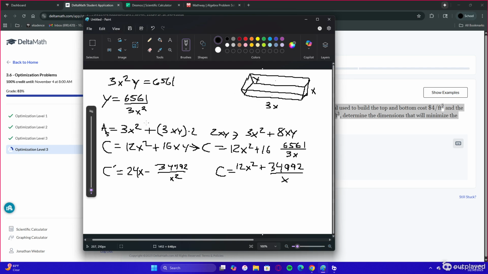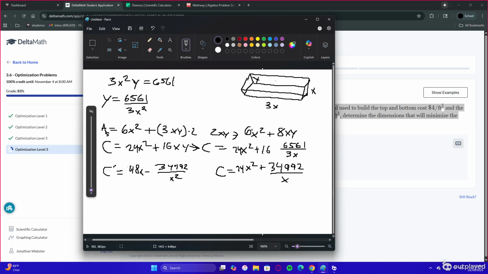And then we have two, top and bottom, so that means we have two 3x squareds, which means that right there it's actually 6x squared, and then everything after that, replace it with 6. So instead of having 12x squared, you'd have 24, and then here it'd be 24, and then doing the derivative it'd be 48.